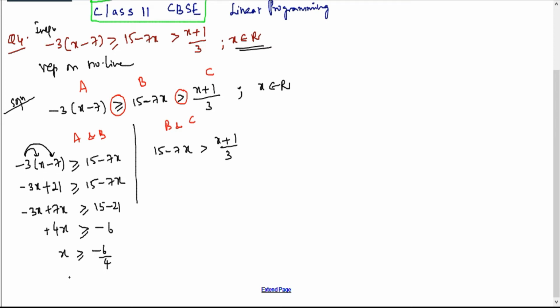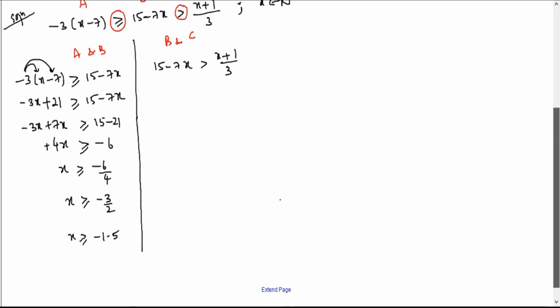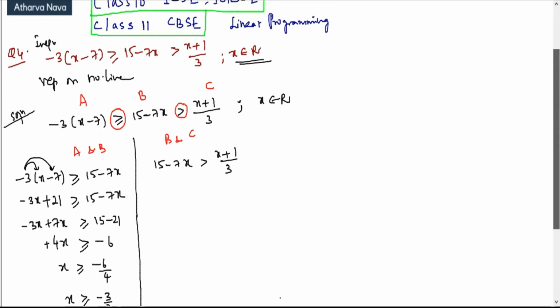Do we have to change the symbol here? No. Why? Because it's already with the number, so no issues. Equals minus 3 by 2. So how much is the value? I can write this as x is greater than or equal to minus 1.5. 3 by 2 is 1.5. Right. Let's see the next part.